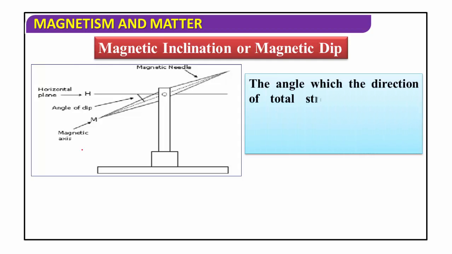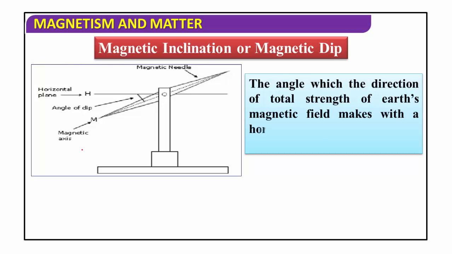And the angle which the direction of total strength of earth's magnetic field makes with the horizontal line in the magnetic meridian. The very simple definition: it is the angle between the horizontal plane of the earth's magnetic field and the magnetic axis of the earth.